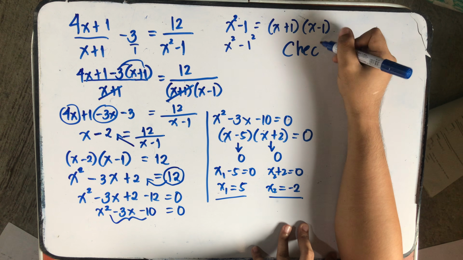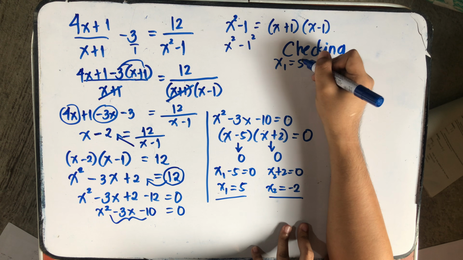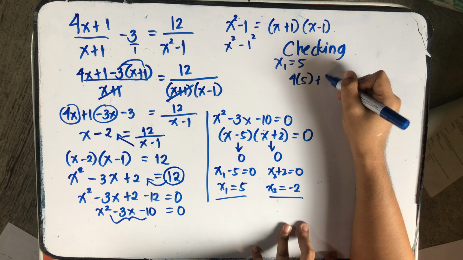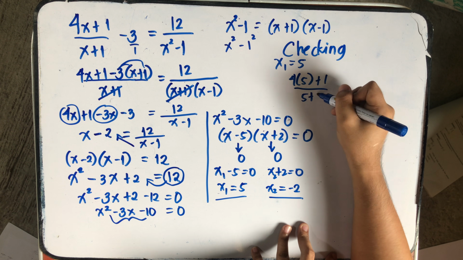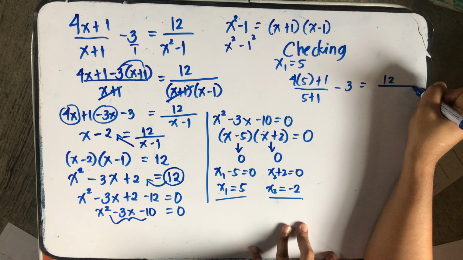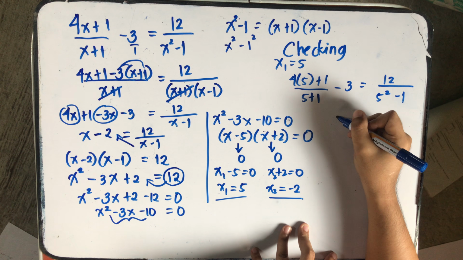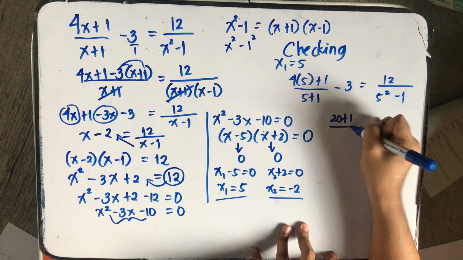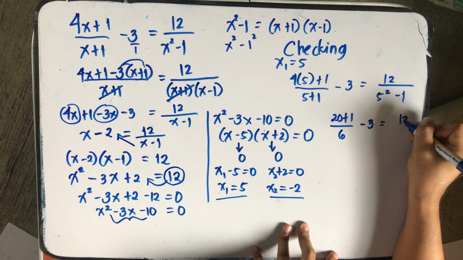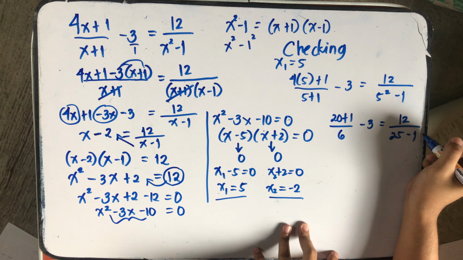So let us now try checking. In checking, let us use first x1 is equal to 5. So this becomes 4 times 5 plus 1 over 5 plus 1 minus 3 is equal to 12 over 5 squared minus 1. 4 times 5 is 20 plus 1, over 5 plus 1 is 6, minus 3 is now equal to 12 over 5 squared is 25 minus 1.